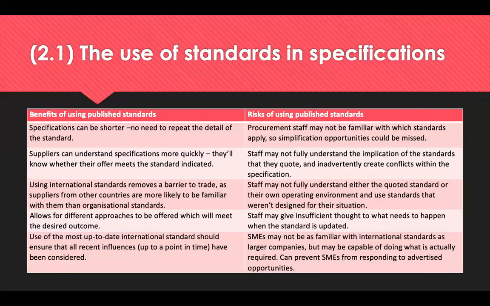But the risks are that procurement might not be familiar with those standards. Staff may not fully understand the implications of what they're quoting, or be given insufficient thought as to what needs to happen when the standards are updated. And sometimes small and medium enterprises are not always familiar with international standards that the larger companies can handle.